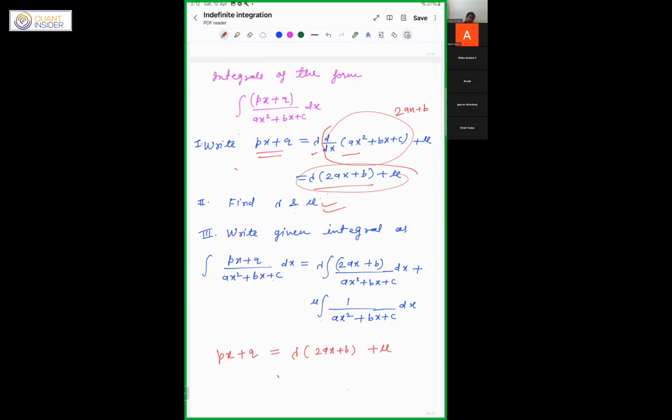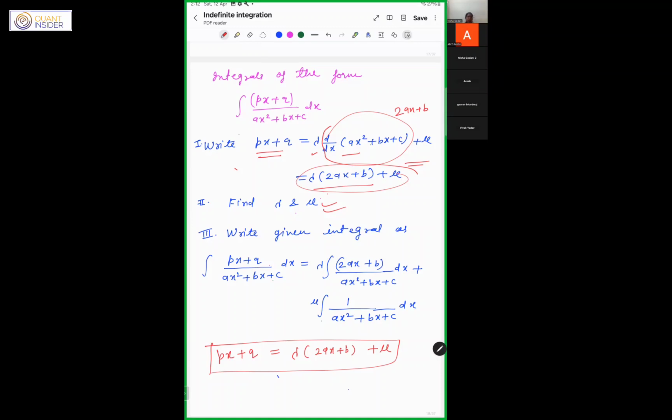Yes, Arnab, I'm explaining. Just see here. We actually write like this. You can understand this step one from the red box I have written here. You write px plus q as lambda times 2ax plus b plus mu. What is 2ax plus b?